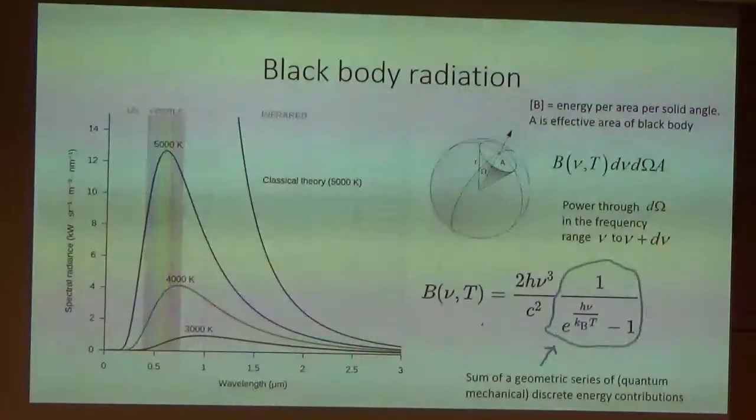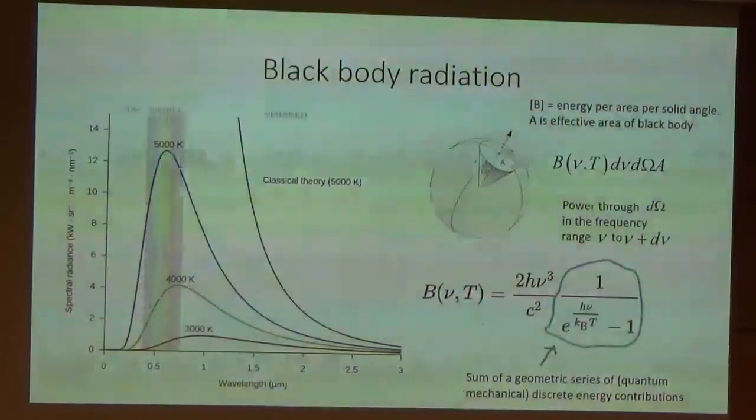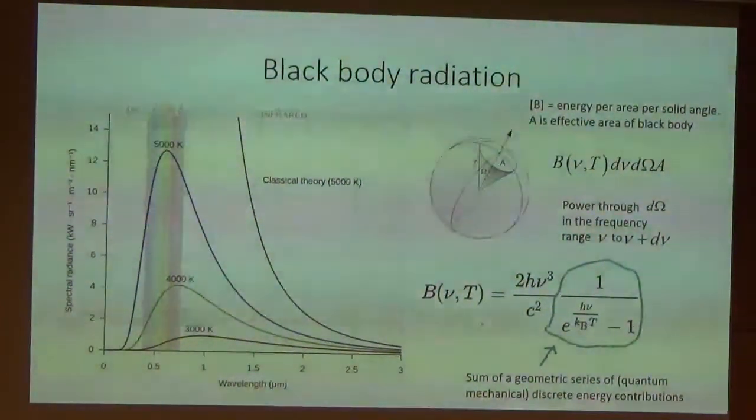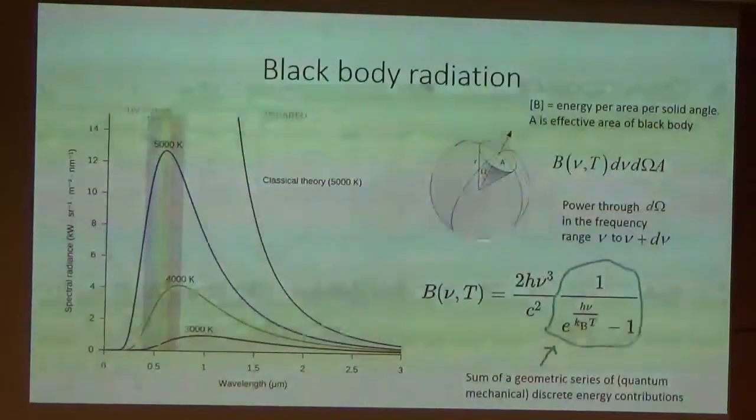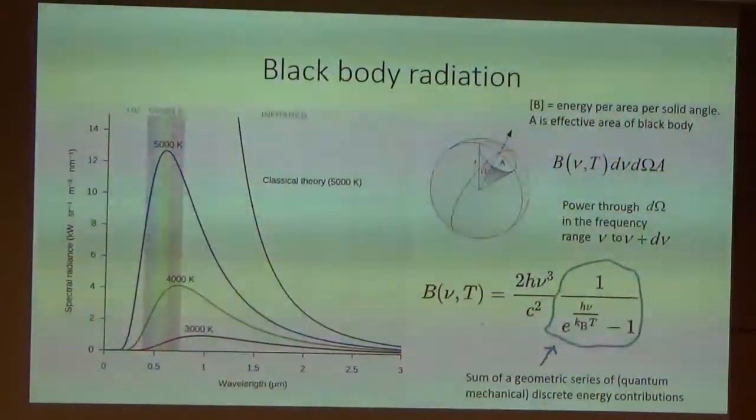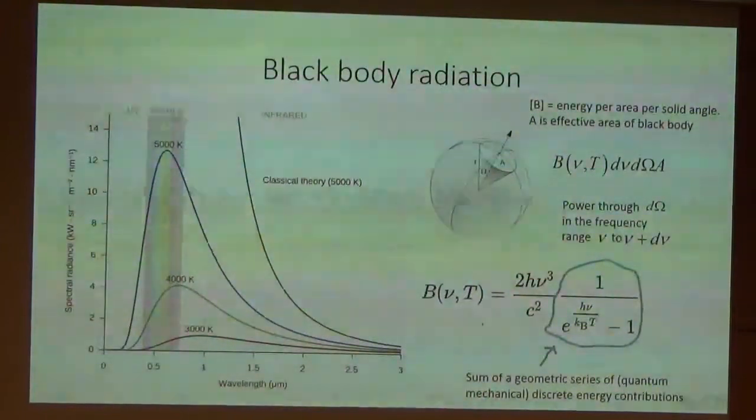This was a large problem at the end of the 19th century because the classical theory predicted this black curve here. And when we approach the ultraviolet part of the spectrum, that's to the left of the visible light, it all blew up, so something went wrong. Planck theorized that energy levels come in discrete packets, without really believing in it himself, and arrived at that expression where we see this thing that I marked there.